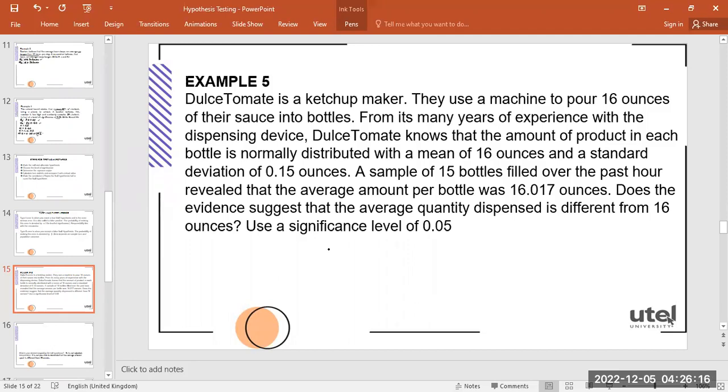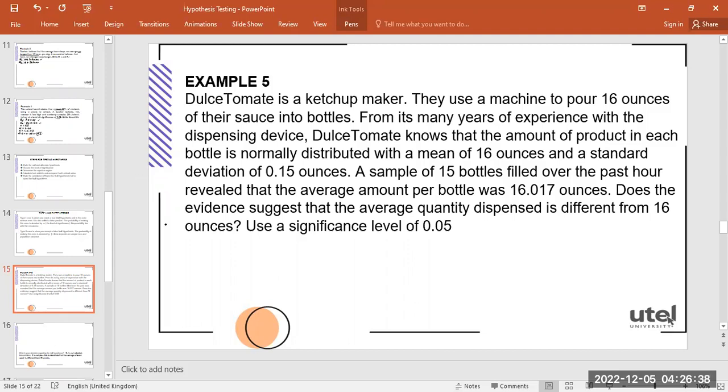A sample of 15 bottles filled over the past hour revealed that the average amount per bottle was 16.017 ounces. Does the evidence suggest that the average quantity dispensed is different from 16 ounces? Use a significance level of 0.05.